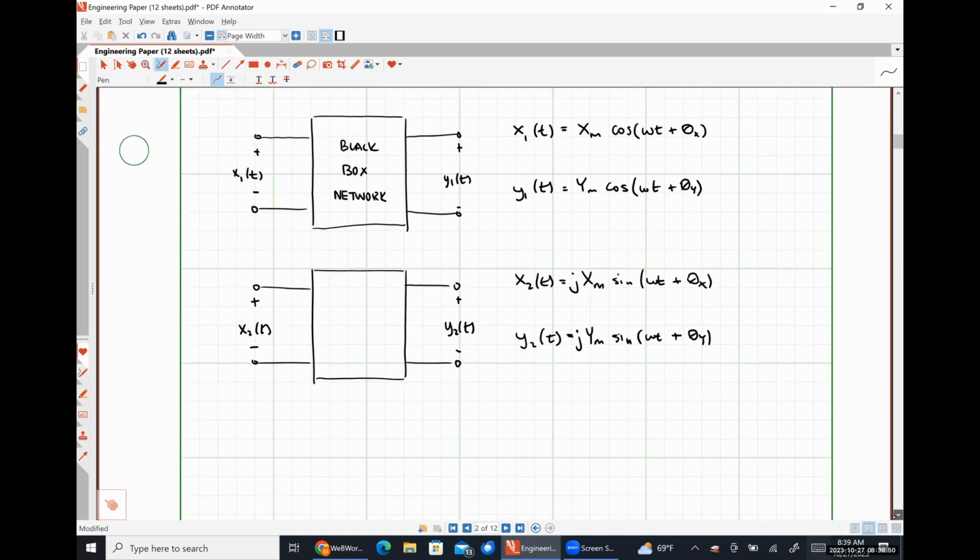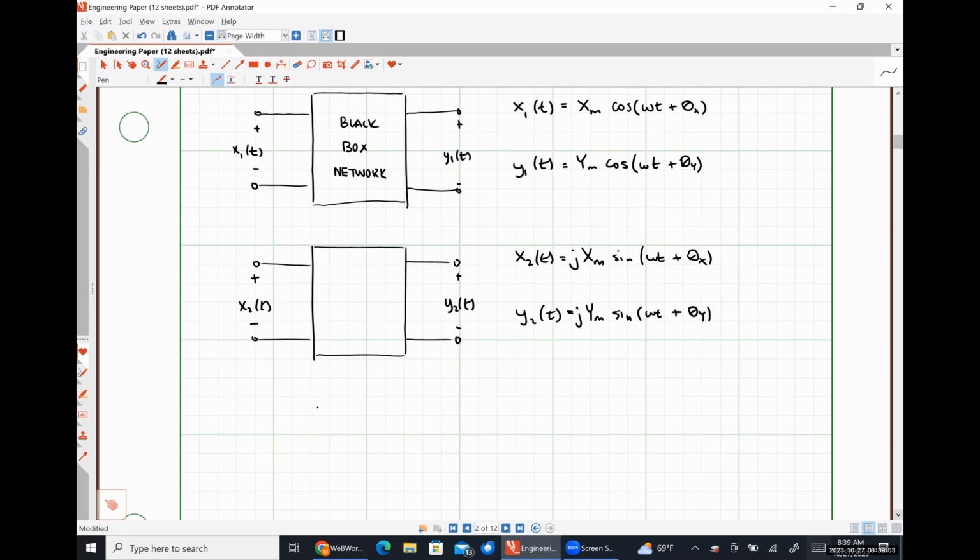Looking at this one last time, if I apply an input signal x of t and measure my expected output signal y of t, let's say that this time x of t is x1 plus x2, right? So we're using the additivity property now.